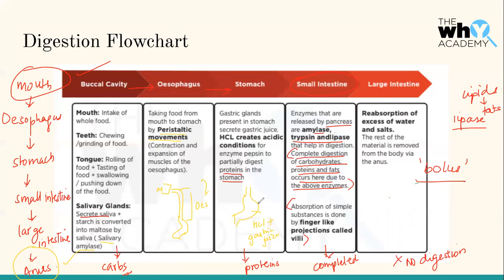Ma'am, I just missed something on the previous slide. If you could go back for just a second. Sure. Once they are done copying this, then I will go back. Tell me once you all are done, okay?